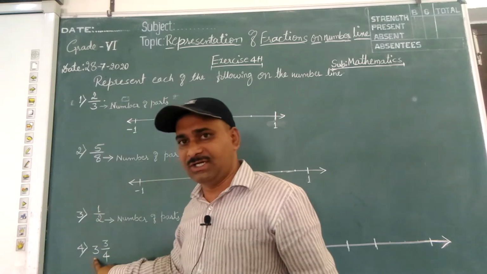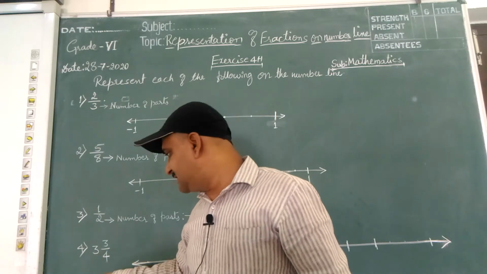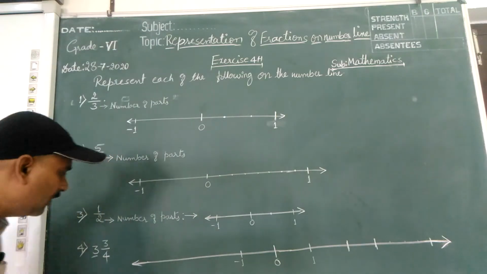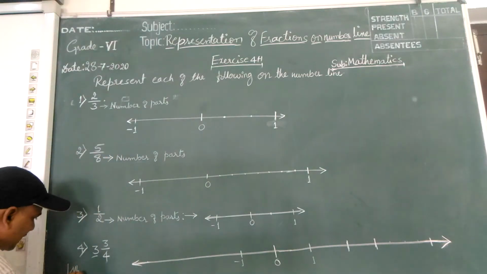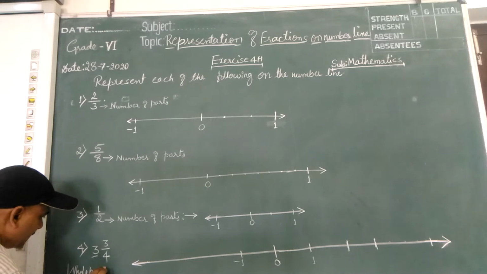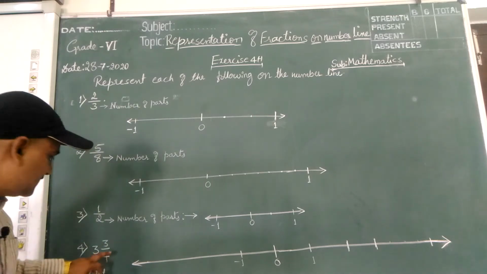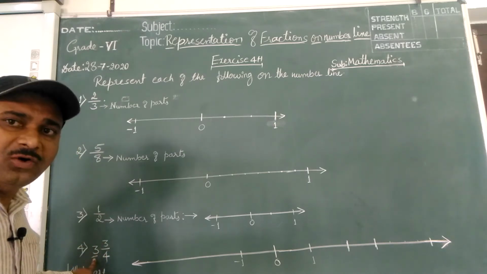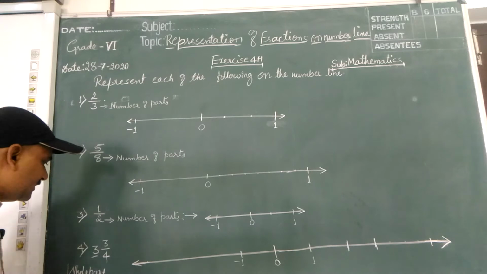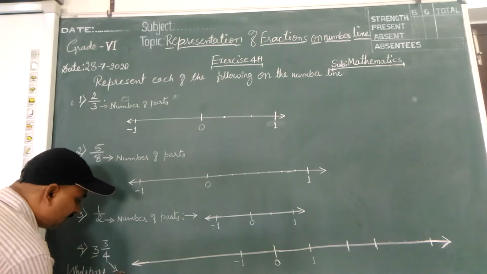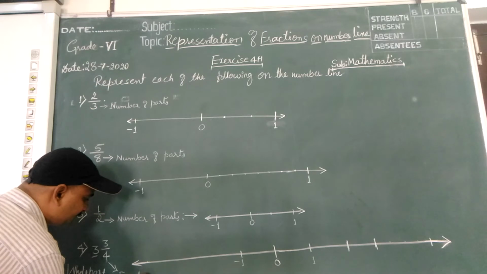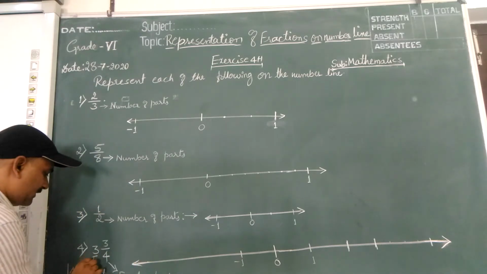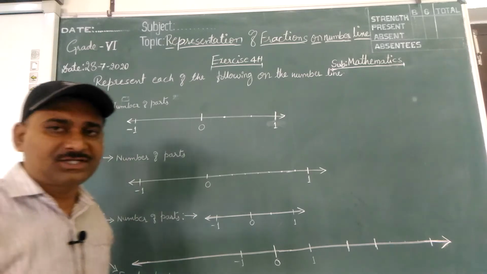Whereas in the mixed fraction, you know very well, this is called the whole part. 3 is called what? Whole part. This complete thing is a mixed fraction, correct? In this, 3 is called the whole part, means whole number. So 3 by 4 is called what? Fraction part. 3 is the whole part, 3 by 4 is the fraction part.